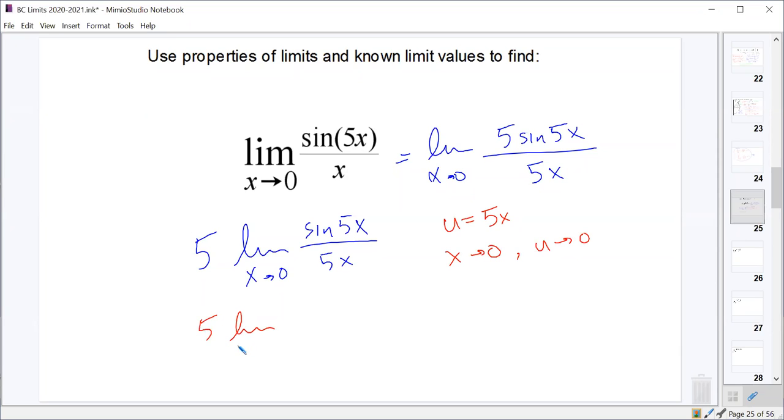And we could write this as the limit as u approaches 0 of sine u over u, which is 5 times 1 or 5. I don't need you to write out the u substitution, but that's why this works. Why sine of 5x over 5x's limit as x approaches 0 is also just 1. Good or no?